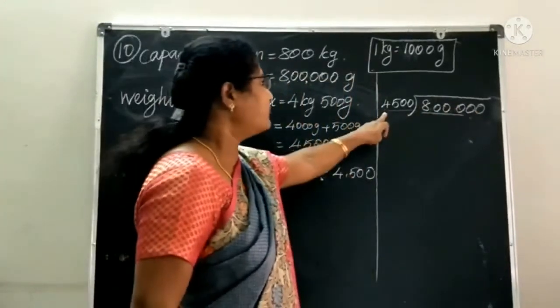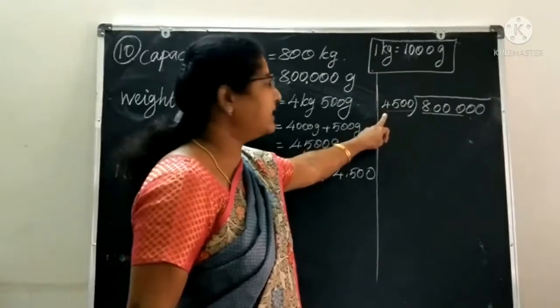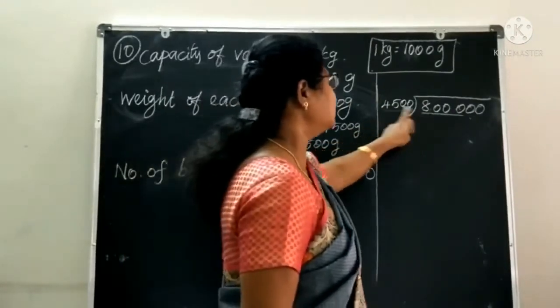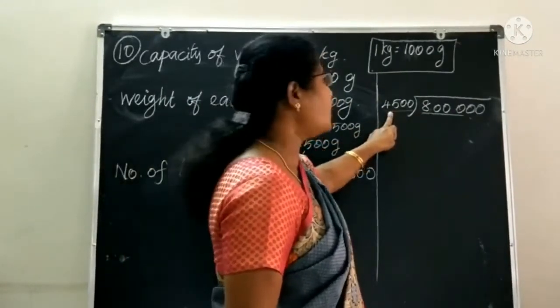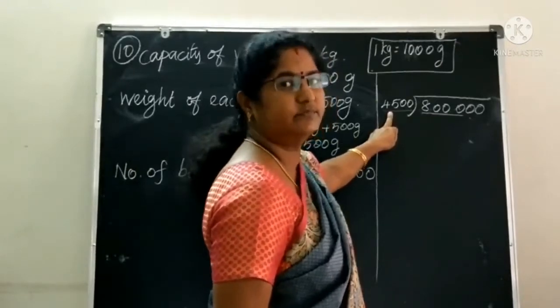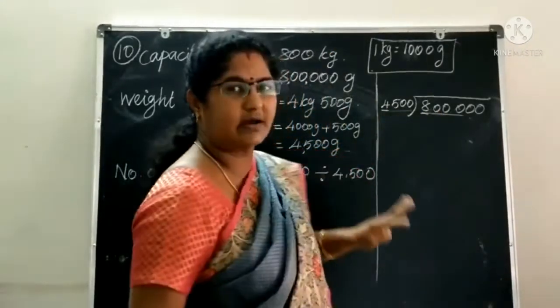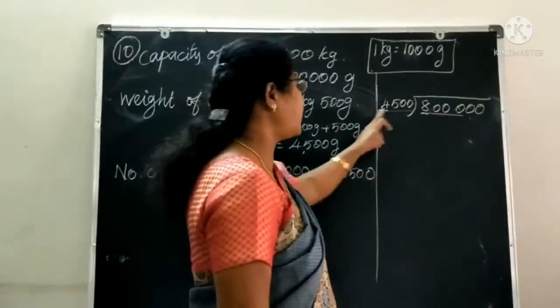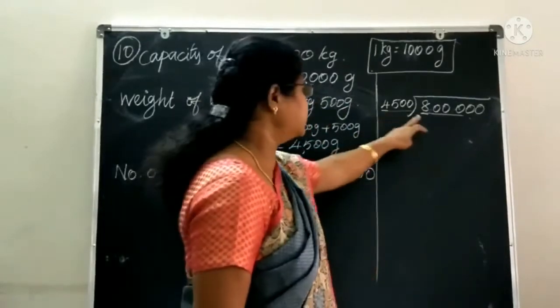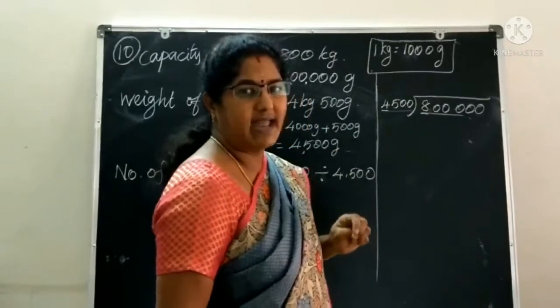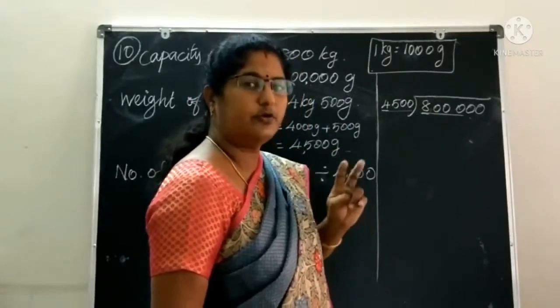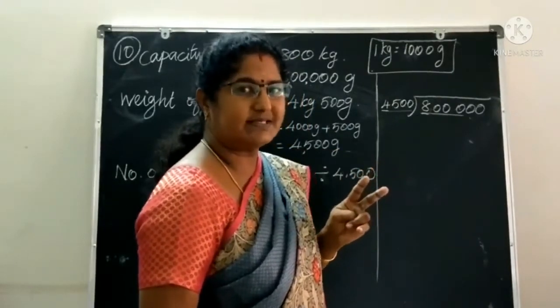Here, 4500. This 8000 is greater than 4500. So, how many times is it possible? Compare the first digit. Both have the same number of digits, so you can compare the single digit first. 4 and 8. In 8, how many 4s? 2 4s are 8. Is it possible 2 times?